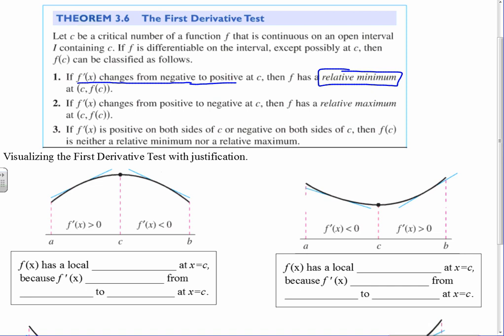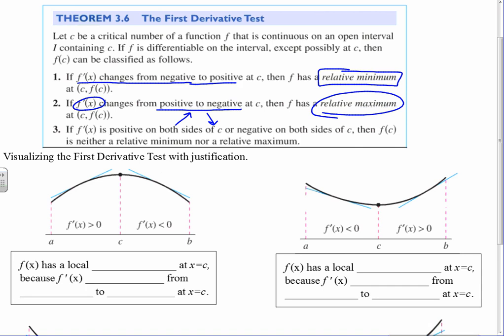If the first derivative changes from positive to negative, so I was going up then down, obviously I'm reaching a peak here, and we would say we have a relative maximum.